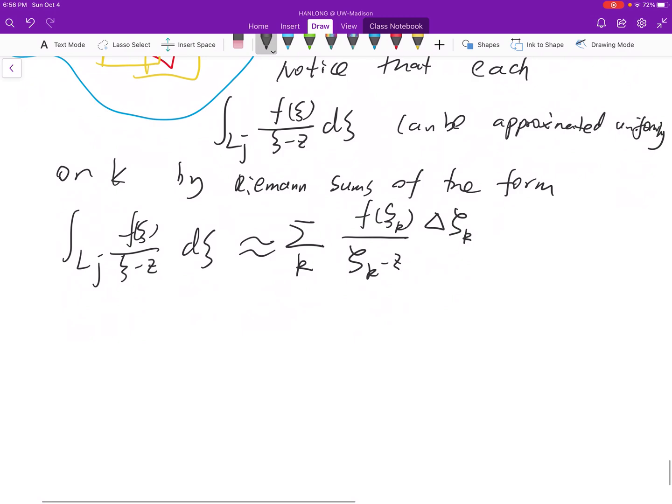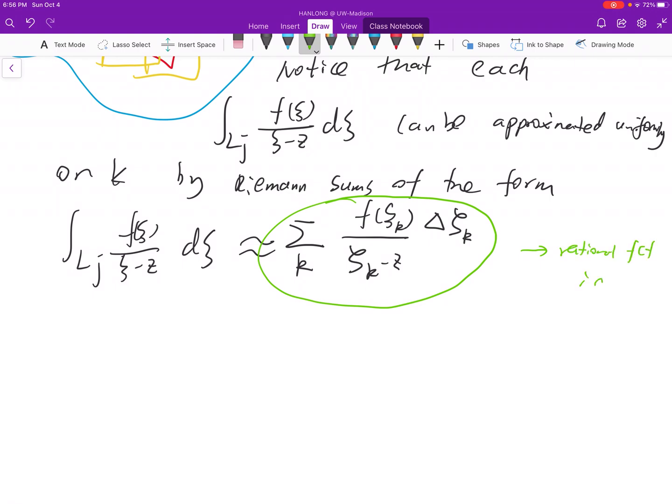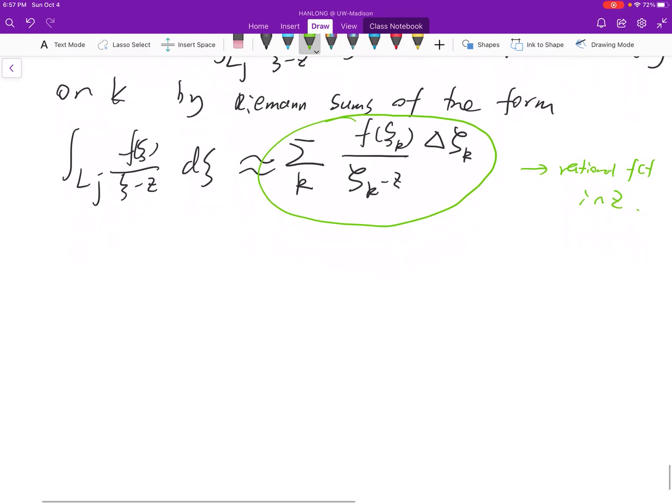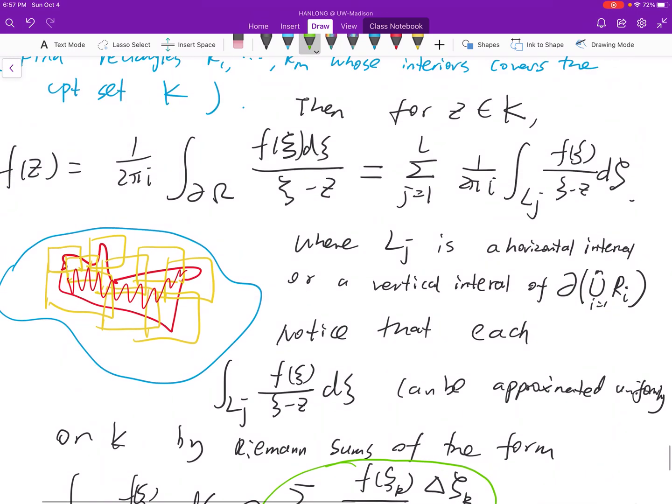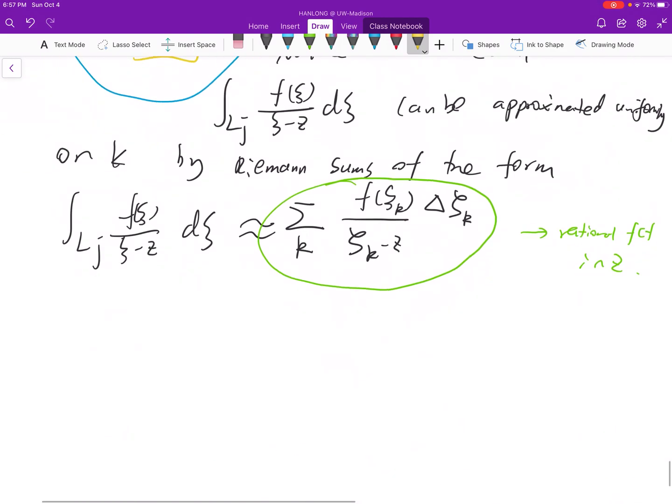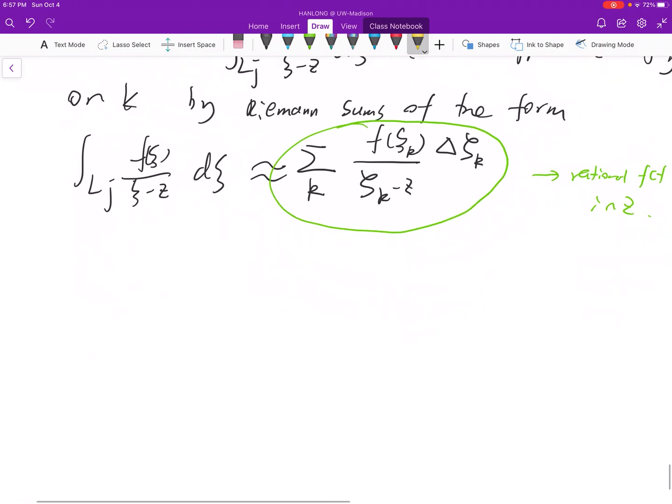And here, since the right hand side is a finite sum, ck is a constant, so finally it's a rational function in z. Since each term here can be approximated in this way, we're done.